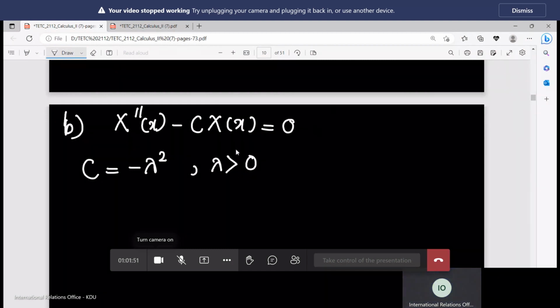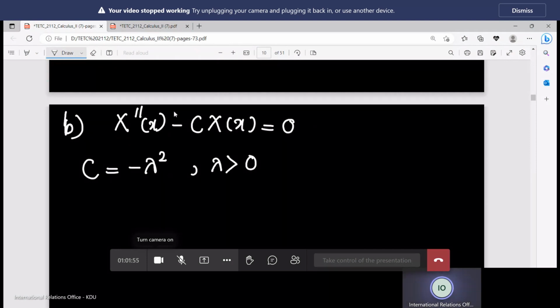So we are going to substitute this c is equal to minus lambda squared into this equation. So we will obtain X double dash x minus c. c කියන්නේ minus lambda squared, minus c කියන්නේ මොකද්ද? Plus lambda squared X of x is equals to 0.